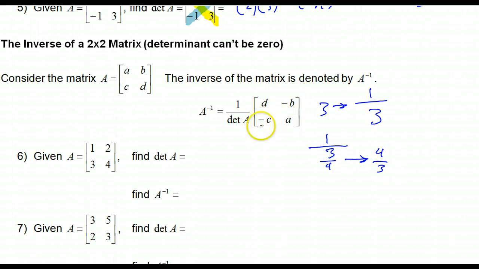So the up diagonal just becomes the opposite of whatever it was. Now the down diagonal, the A and the D become the D and the A. So the down diagonal gets reversed, while the up diagonal gets negated.